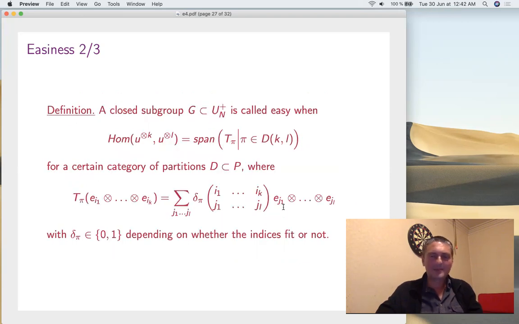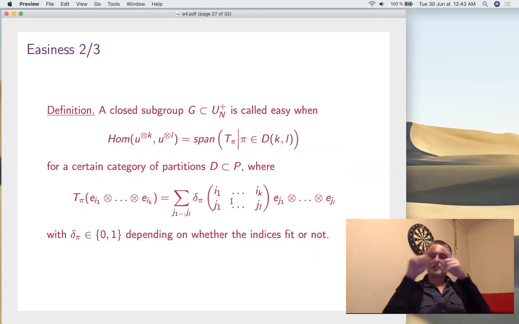So to be more precise, a quantum group is called easy when this Tannakian category is spanned by certain operators coming from partitions, and these operators are like this. I take the basis e_1 to e_n of C^n, I want to apply T_pi to my tensor, and I sum some Dirac symbols. The whole point is in these Kronecker symbols, how to define them.